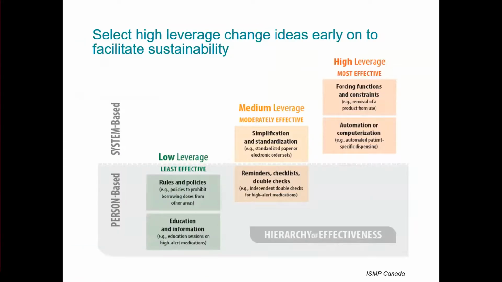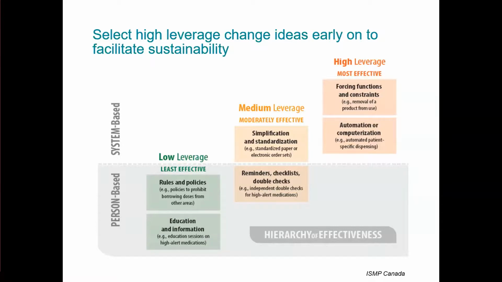And I'm going to share with you 2 slides that we've shared quite a bit with organizations that have generated their change ideas. They've got this whole plethora and selection to choose from, but where do you start? These tools can be helpful in having a conversation with your teams about where to start. This is called the hierarchy of effectiveness.